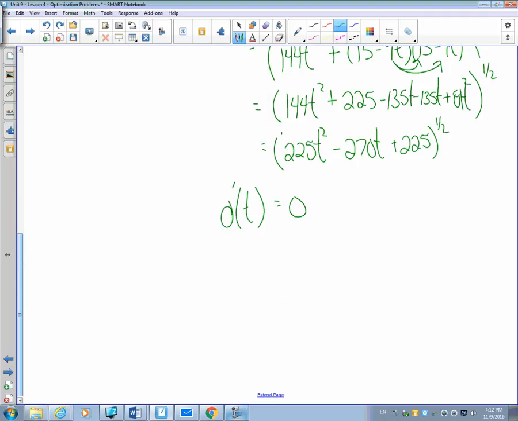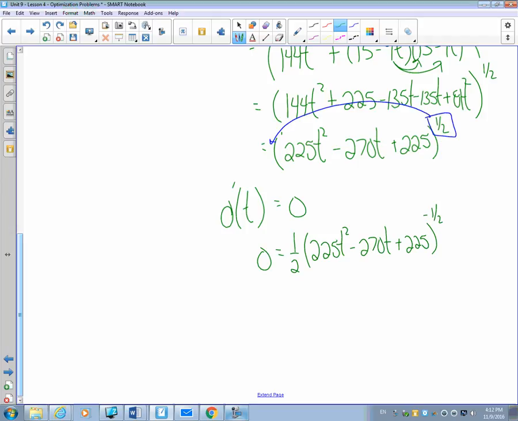Let's do that. So, power rule. This exponent has to come down in front, right? So 1/2 times the whole bracket, which stays the same, but we have to subtract 1 from our exponent. So we end up with negative 1/2 times the derivative of the inside piece, which is 450t minus 270.